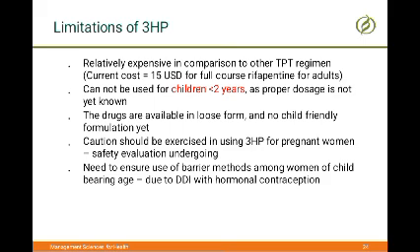The drugs are available in loose form and no child-friendly formulation yet. Caution should be exercised in using 3-HP for pregnant women. Safety evaluation is ongoing. Need to ensure use of barrier methods among women of childbearing age due to DDI with hormonal contraception.